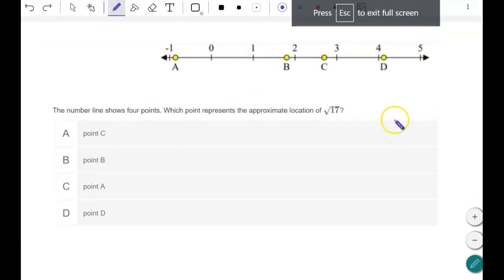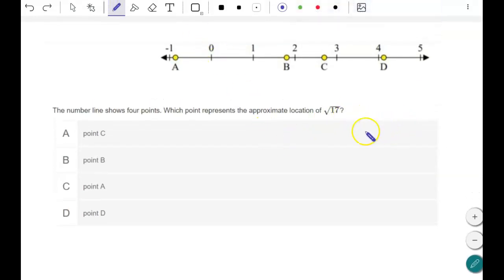Okay, 4.12. So you've got this, A is definitely not it. E, here's 4, so it's got to be D. Just check your answer there.